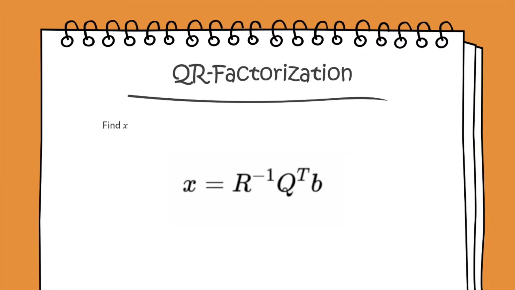X equal to R inverse Q transpose B. So the last things that we did are we found the R inverse and we found our Q transpose B. So we just have to substitute our value into this formula.